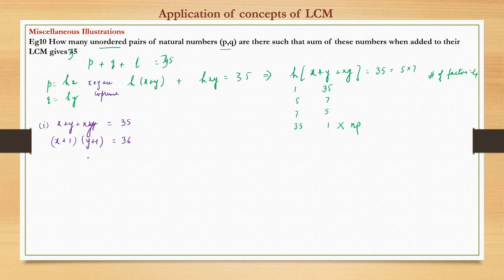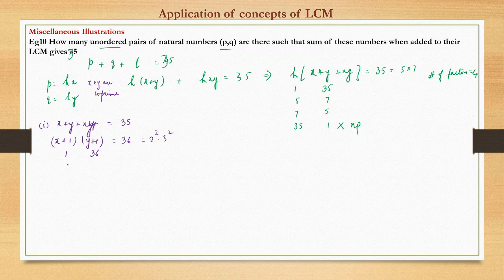See, 36 can be written as 1 into 36. I mean this is nothing but 2 square into 3 square. So number of ways of writing 36 as product of two factors is nothing but the number of factors, that is 9.